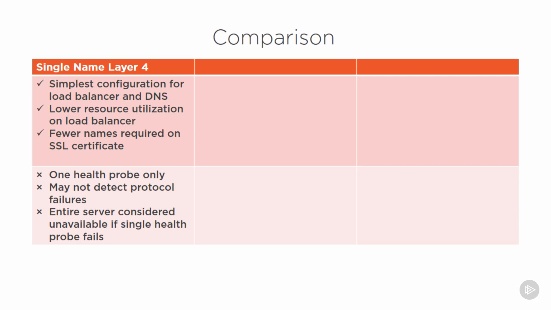And there's also fewer names required on the SSL certificate for your servers because you're operating on a single namespace. But on the downside, there's only one health probe available on one particular protocol, so you may not detect all protocol failures.